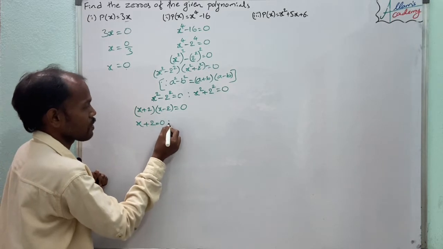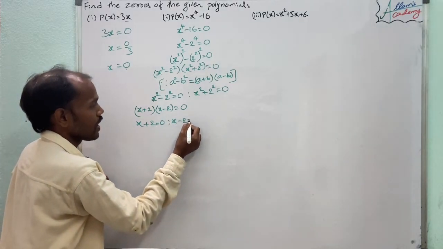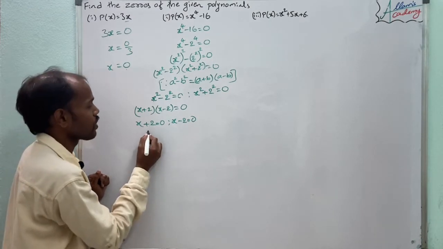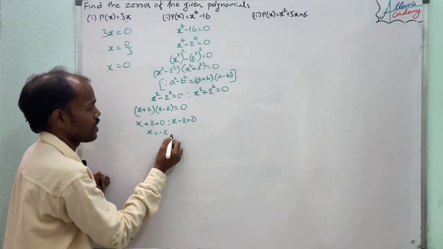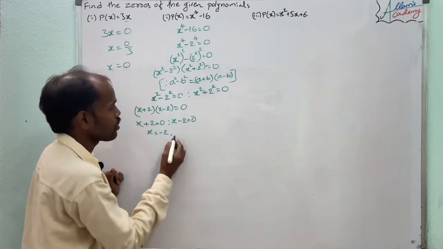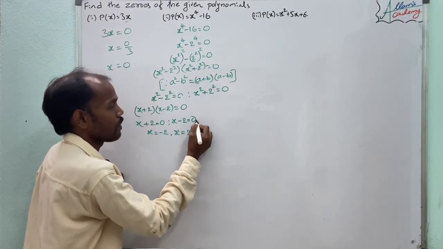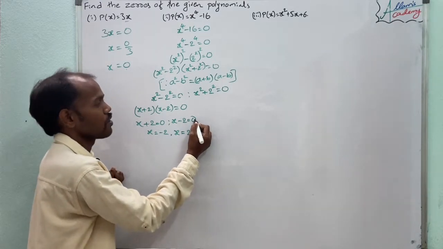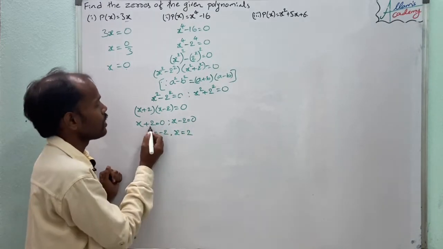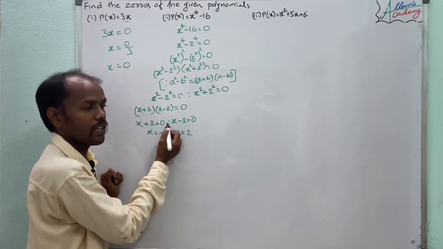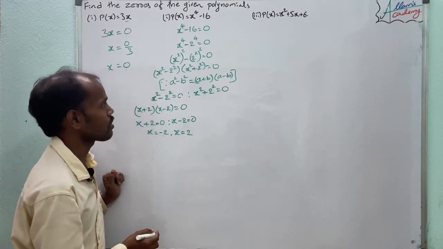That means either x plus 2 equals 0, or x minus 2 equals 0. If x plus 2 equals 0, then x equals minus 2. If x minus 2 equals 0, then x equals plus 2. Why? Because minus 2 transferred to this side becomes plus 2, 0 plus 2 equals 2. In the same way, plus 2 transferred to this side becomes minus 2, 0 minus 2 equals minus 2.